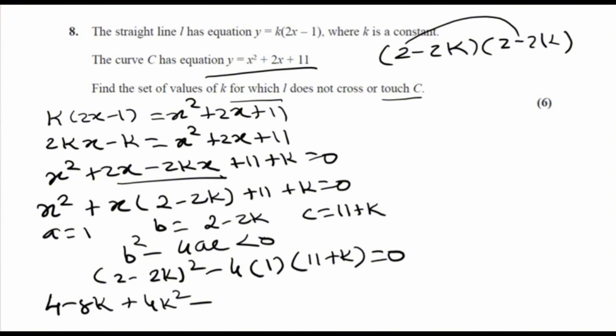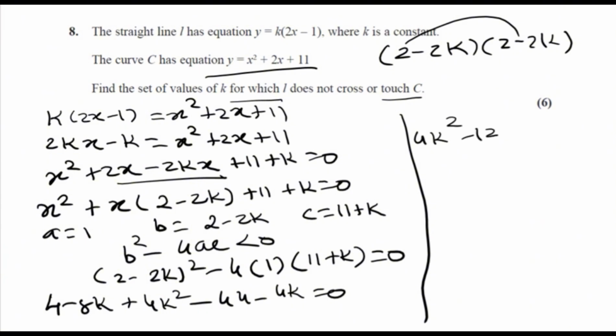minus 11 times 4 which is 44 minus 4k is equal to 0. So simplified further, 4k squared minus 12k minus 8k minus 4k which is minus 12k minus 40 is equal to 0.